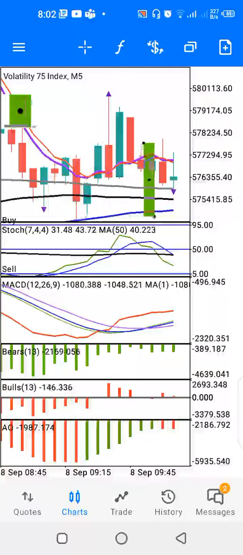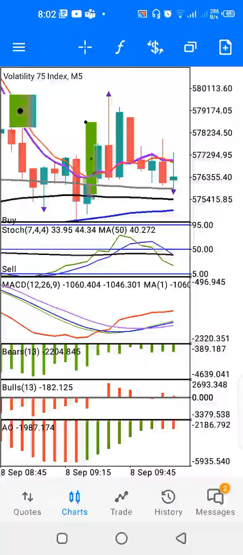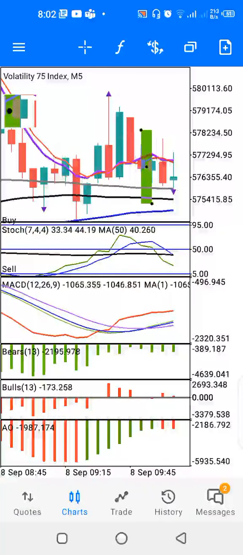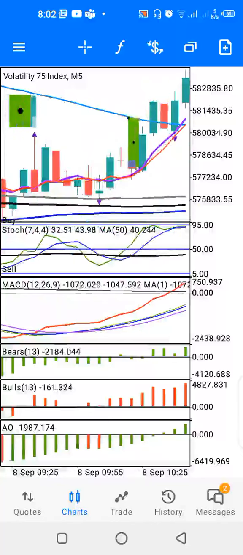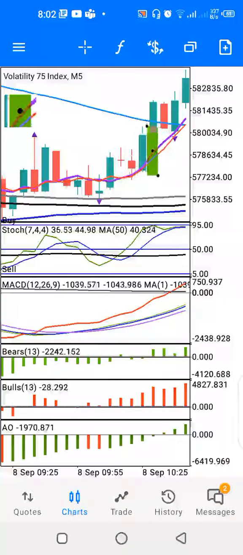Okay, at this point, the buyers winning here, sellers winning here, buyers winning here, sellers winning here. We are still at the support, but at the point where price starts to leave the support area around here, that's where you start considering whether you want to start scalping and start buying. You have buyers winning here, sellers unable to win.